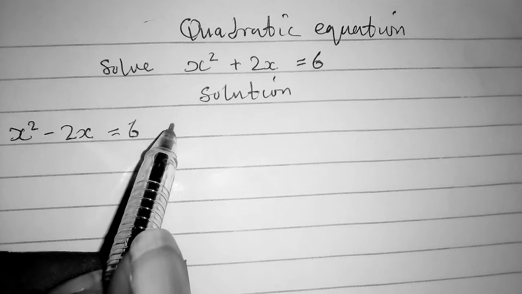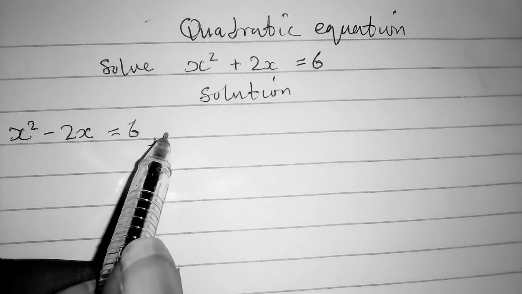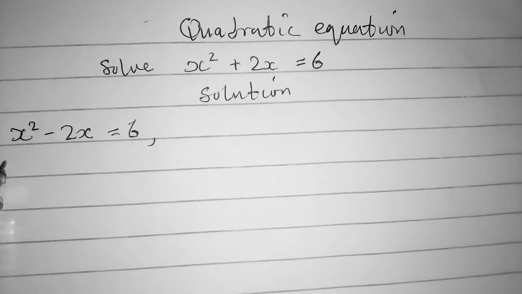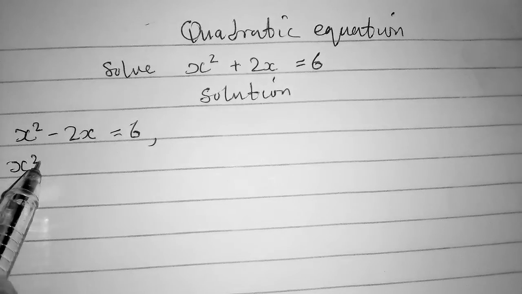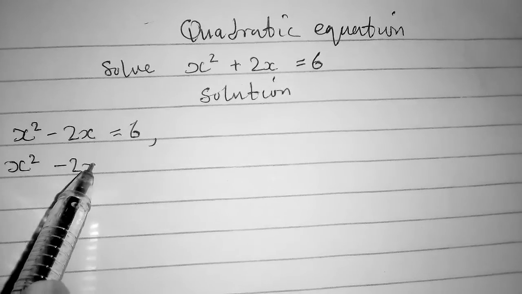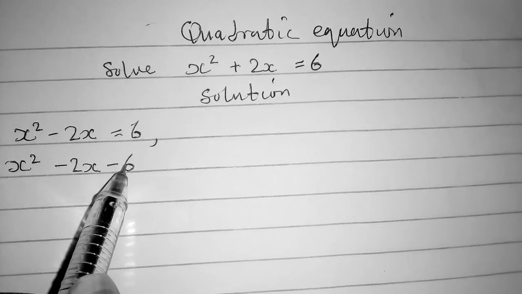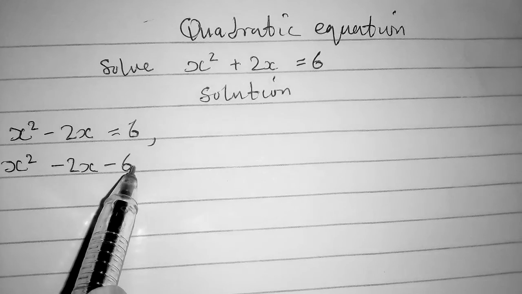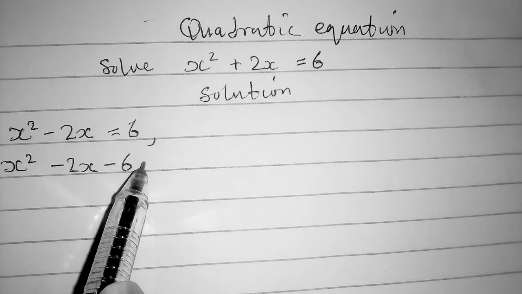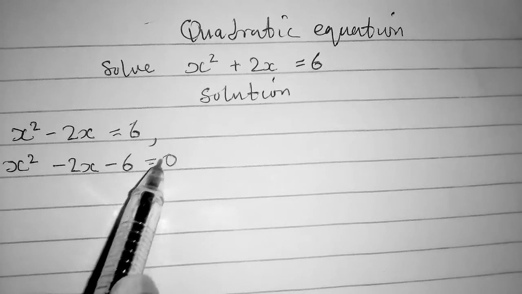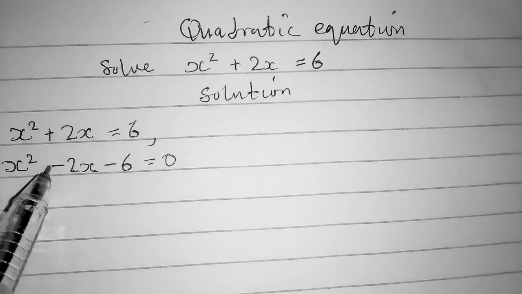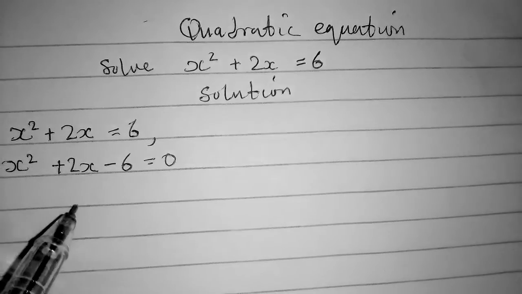And what you are going to do here, this is the same thing as x squared plus 2x. Take this to the other side, minus 6 equals 0. Sorry, here is plus in the equation.